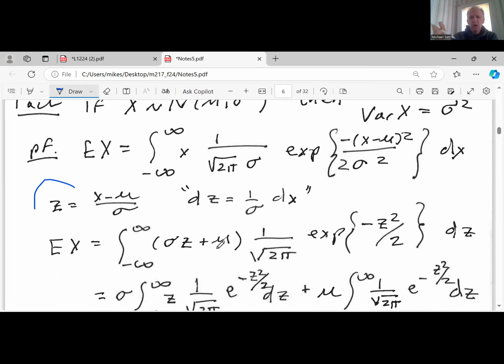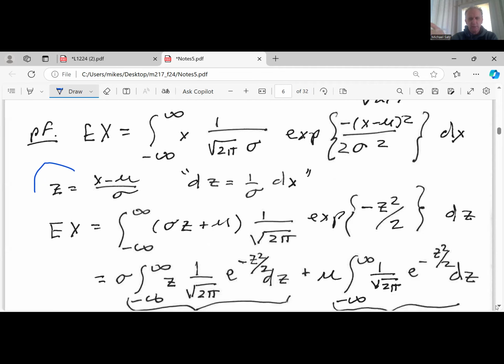This is just a mnemonic. This dz and dx have no meaning in and of themselves. There's no such thing as dz and dx, really. It's only in the context of an integral, but this is true. Certainly, for this next step, hopefully I wrote the integral down correctly. In other words, I have to replace 1 over sigma dx with dz. So I just do that in this next thing.